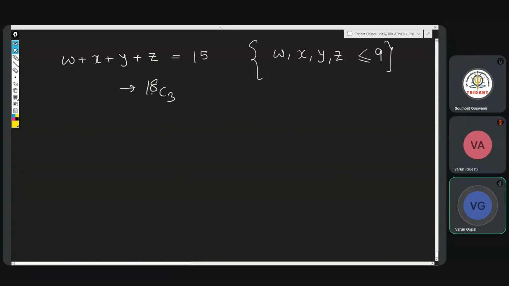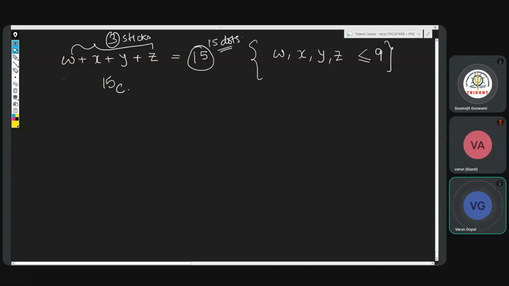Once more: 15 dots and 3 sticks. Yeah, 18C3, that is 18 factorial by 15 factorial by 3 factorial. I'm saying, had the conditions not been there.